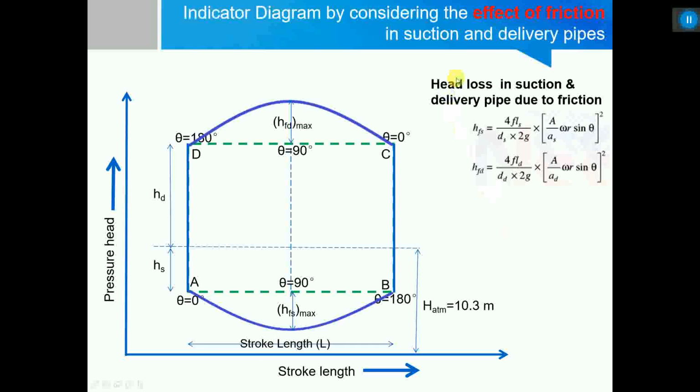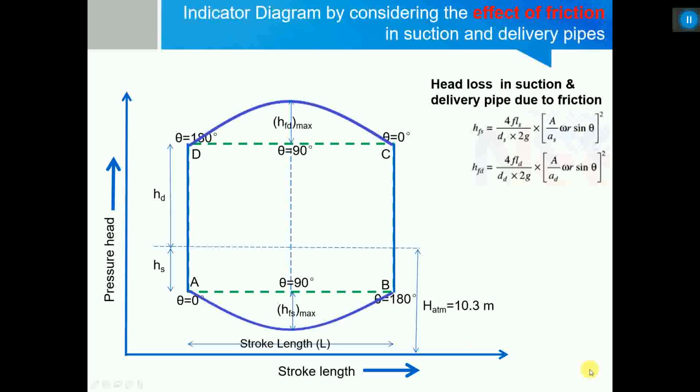Now next is the effect of friction in the suction and delivery pipe. Here we are considering only the effect of friction, not acceleration.